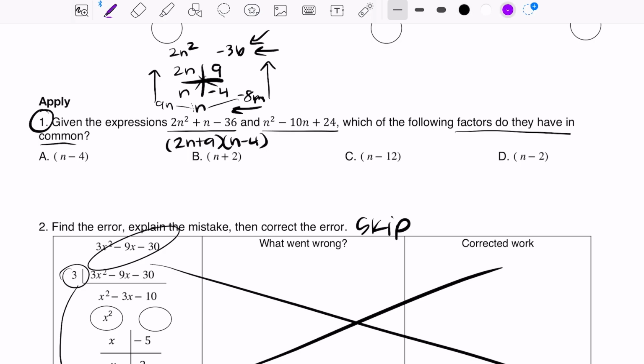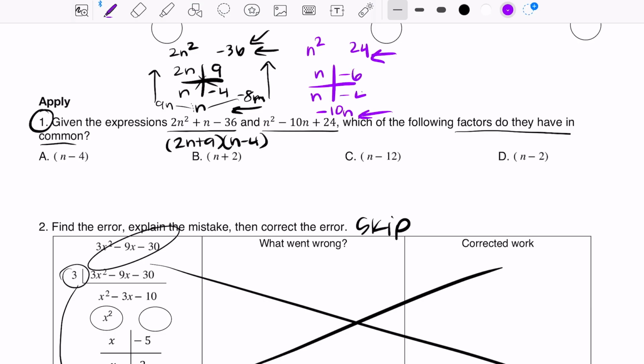Now when we go to the second trinomial, it's actually a little easier because the number in front of n squared is just that invisible math 1. And then we have negative 10n and 24, n and n. So because this number is positive and this number is negative, I don't even know what the numbers are yet, but I know they both need to be negative.